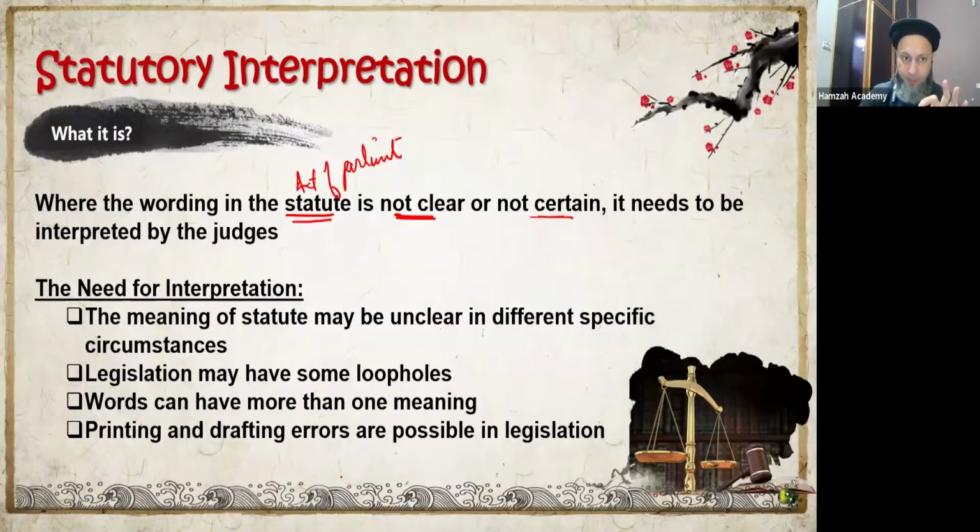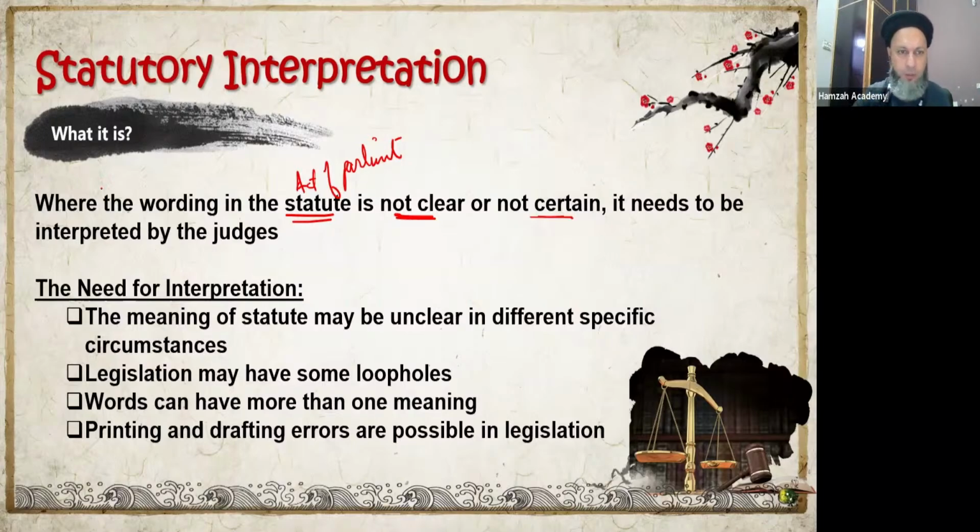This will happen only when the language of the law is not very clear. It has ambiguous meanings. Only then it will be implemented. So that needs to be very clear from the interpretation.